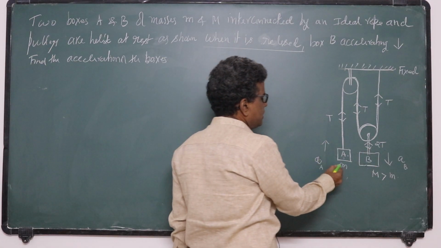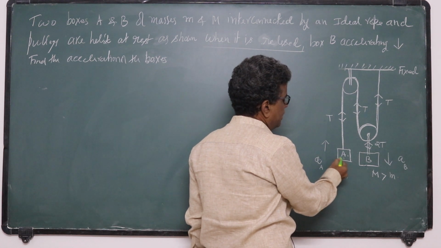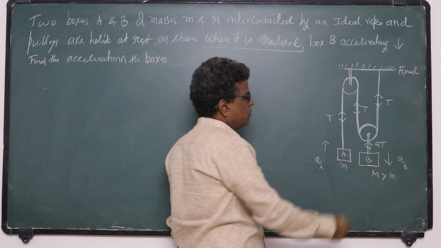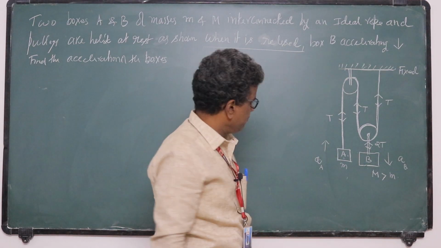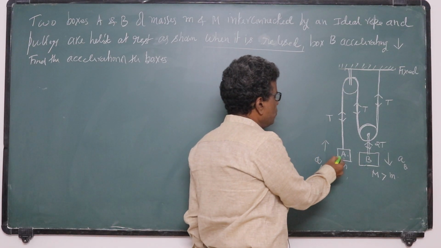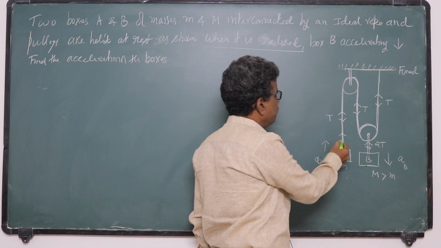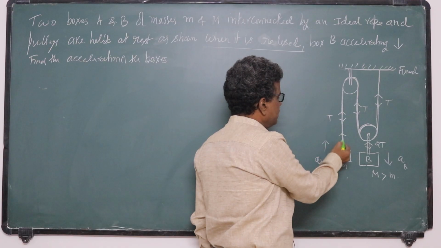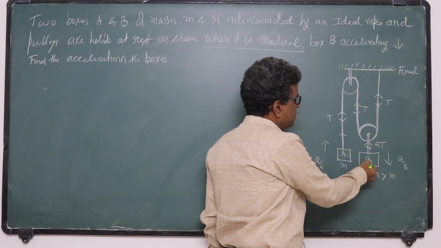So we have to take acceleration of A is equal to twice the acceleration of B, because it is moving up. So the tension is a pulling force. So T pulls up and this T pulls down.